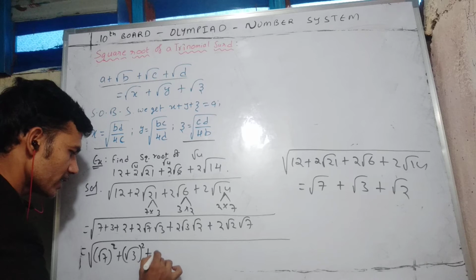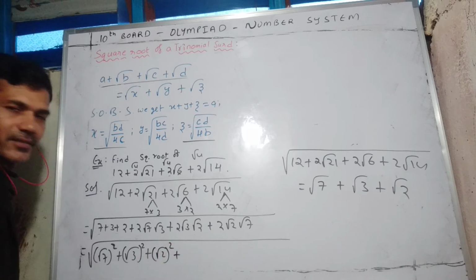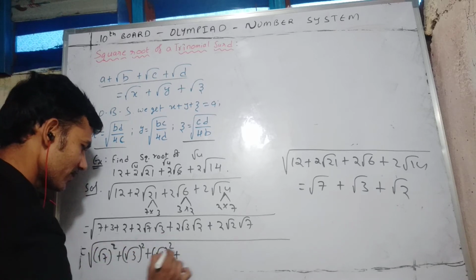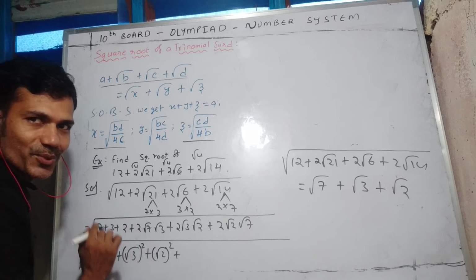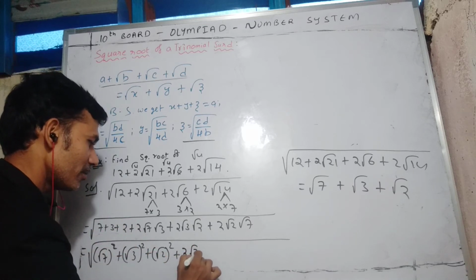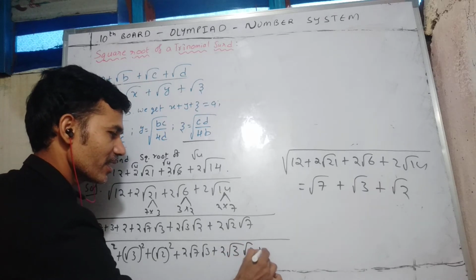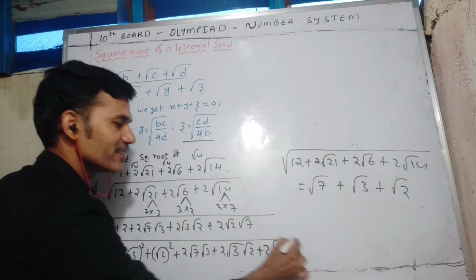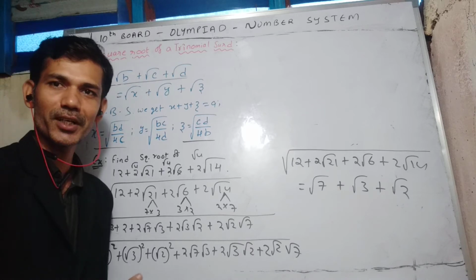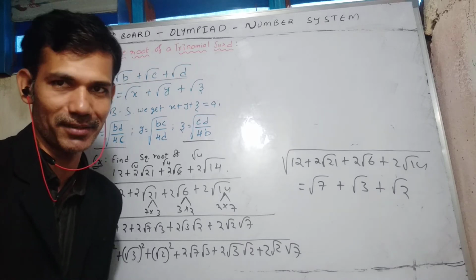This 2 I can write as root 2 whole square. Now the remaining things are there: A square plus B square plus C square plus 2AB, plus 2BC, plus 2CA. It is the formula for A plus B plus C whole square.